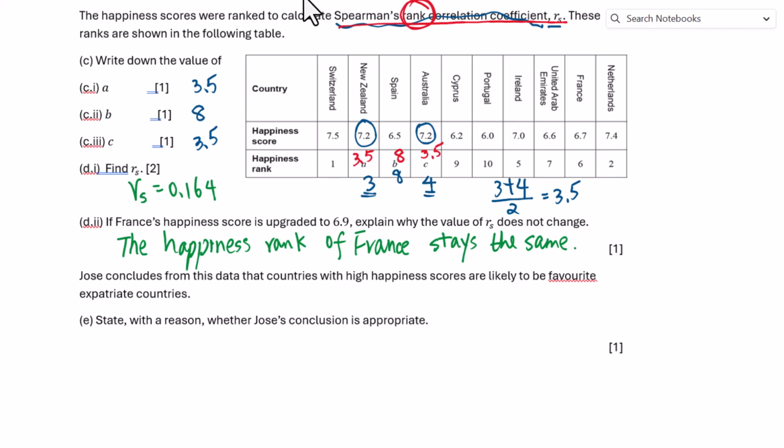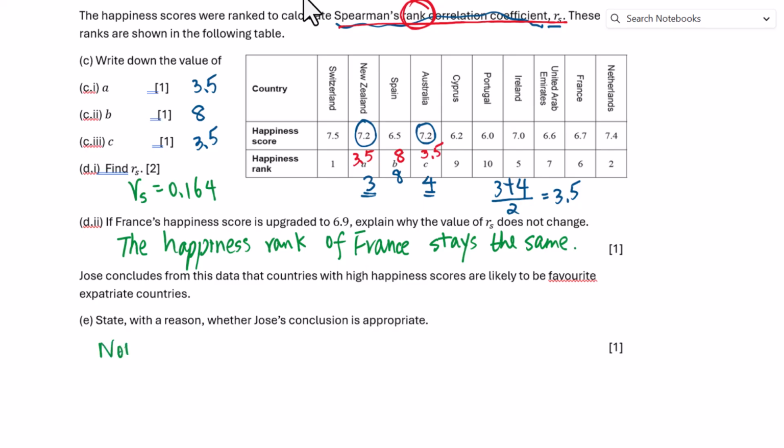Jose concludes from this data that countries with high happiness scores are likely to be favorite expatriate countries. State with a reason whether Jose's conclusion is appropriate.